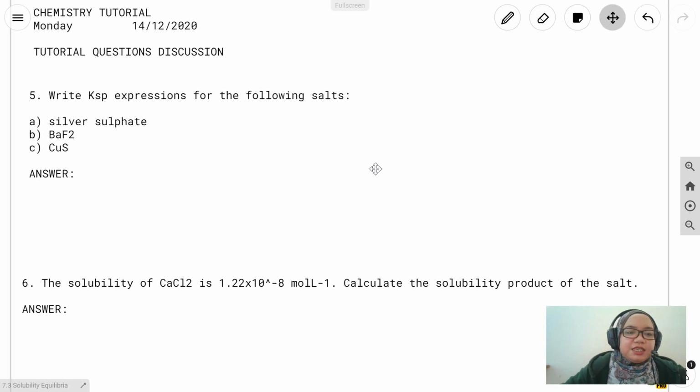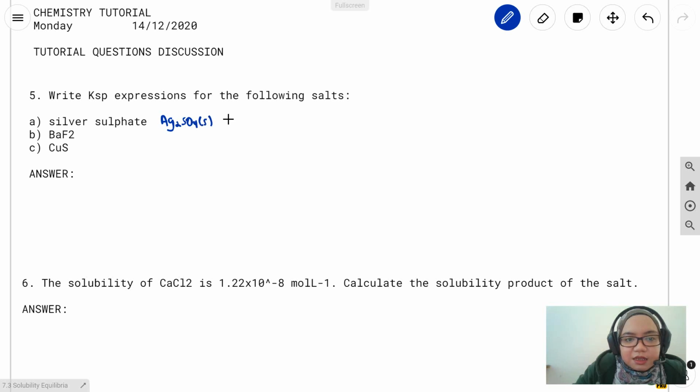So first question asks you to write the KSP expression for the following salt. To do this, you need to write the chemical equation. Right? Okay, so we know silver sulfate is Ag2SO4 solid.